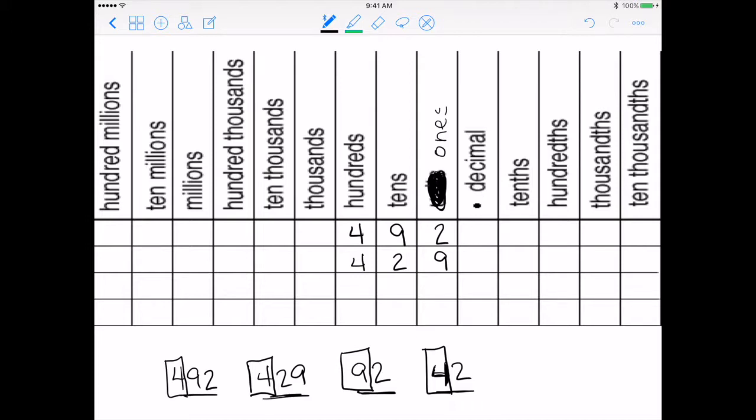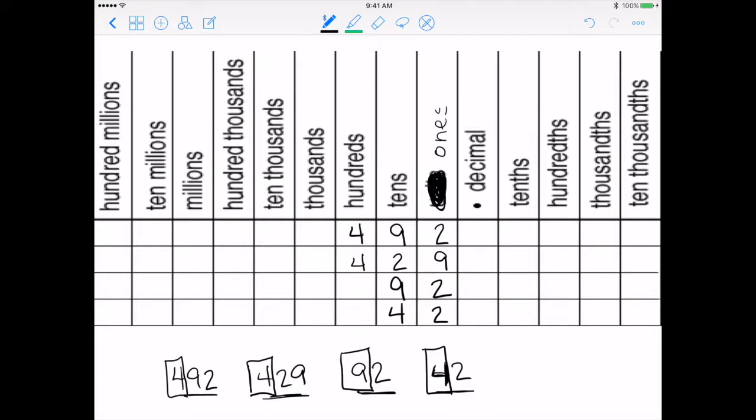So let's put that 9 in the tens place and that 2 in the ones place. Finally, our fourth number is 42. Again, we have only 2 digits, not 3, so our 4 is going to be placed in the tens place and our 2 in the ones place.